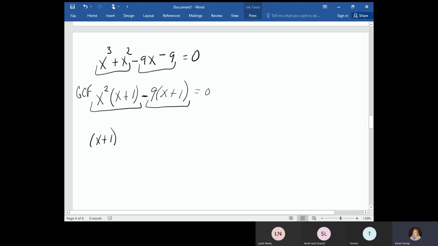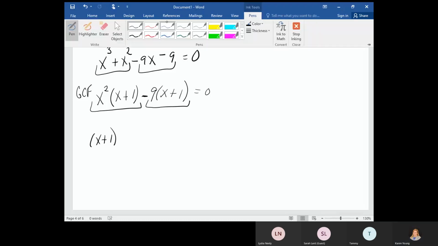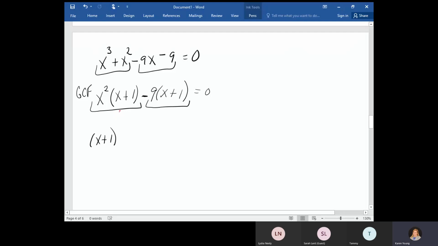So I'm going to change colors. I'm dividing this by x plus 1, and I'm going to divide this term by x plus 1, so that my binomials cancel. Because I've got two terms, the greatest common factor is the binomial.